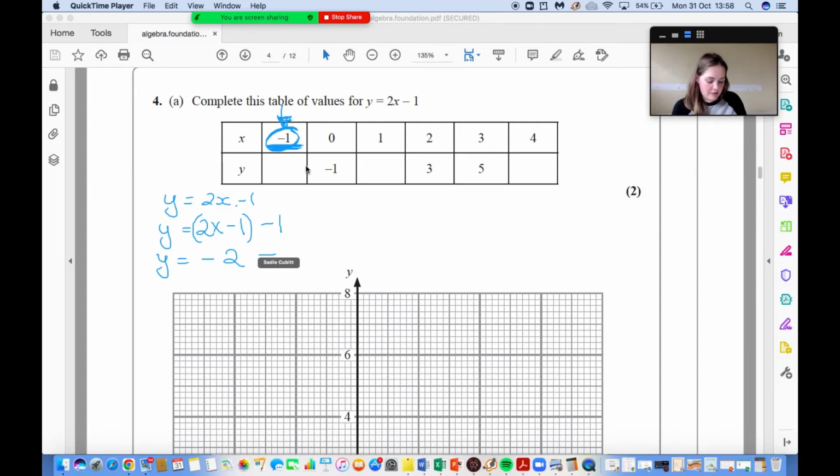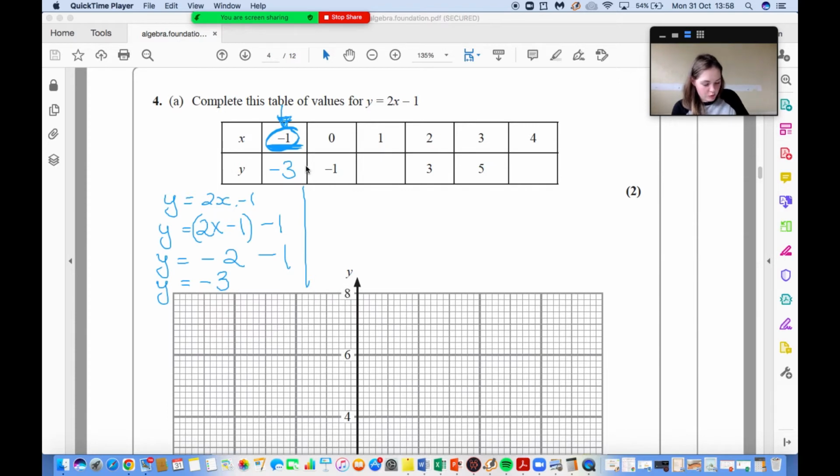Okay, and then that minus 1 on the end still. So that means you've got minus 2 minus 1. Okay, so remember what I said, that's like saying you owe the bank £2 and now you owe them another £1, which means in total you owe them £3, so it's negative 3. So this one will be negative 3. Okay.